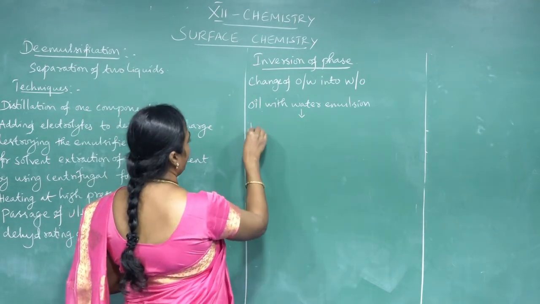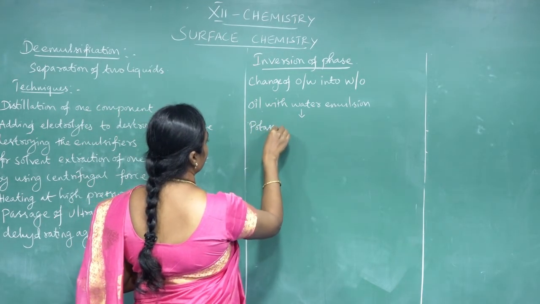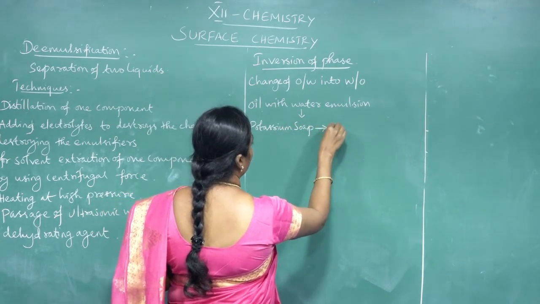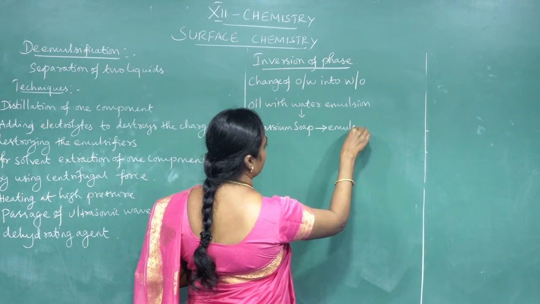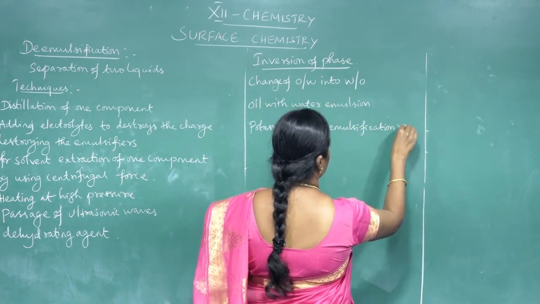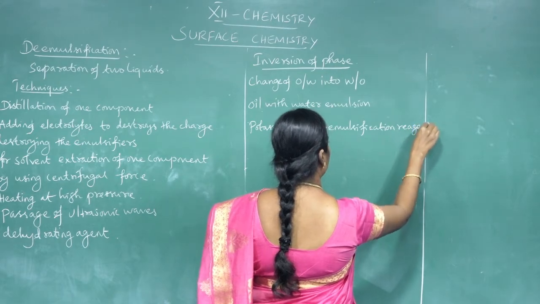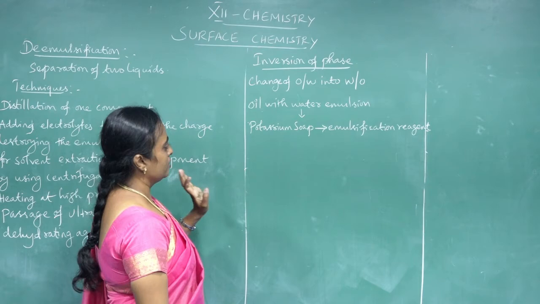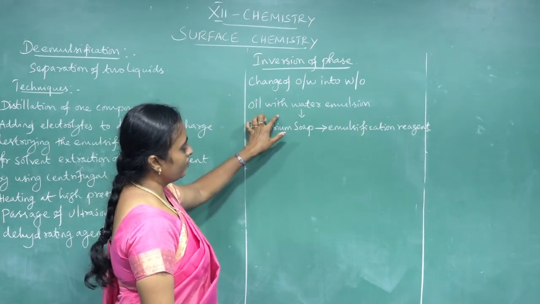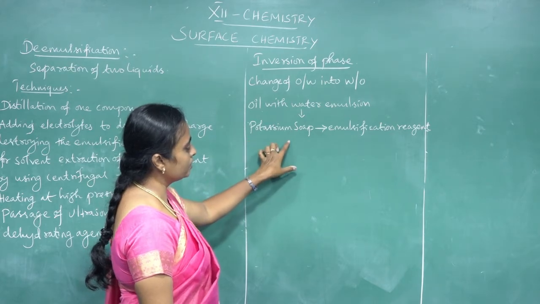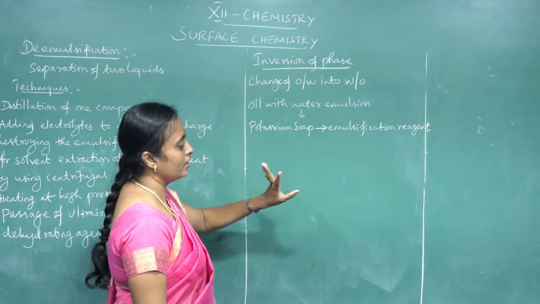So if you add potassium soap as an emulsification reagent, that is nothing but an emulsifier. For what purpose have we added it? To give stability to the emulsion. So I have taken an oil in water emulsion, and into that the potassium soap is present as an emulsifying reagent.